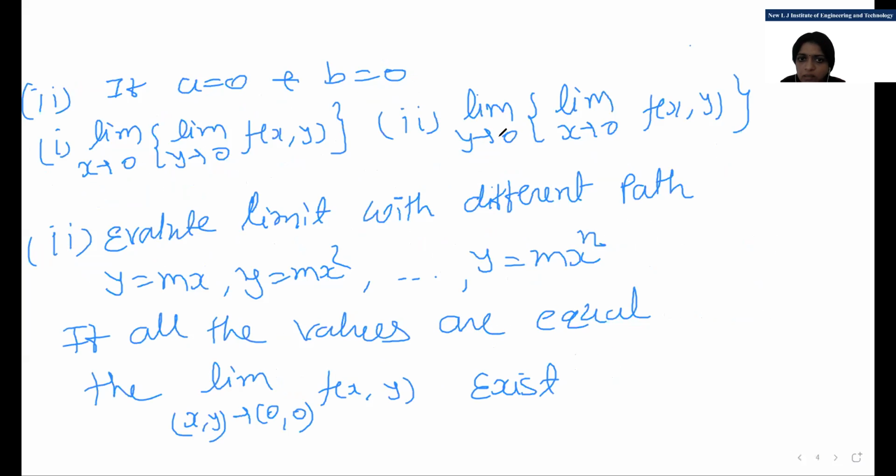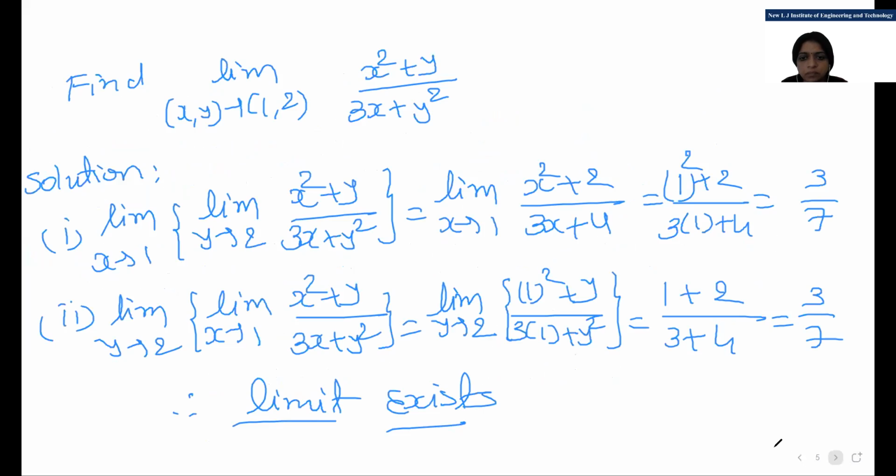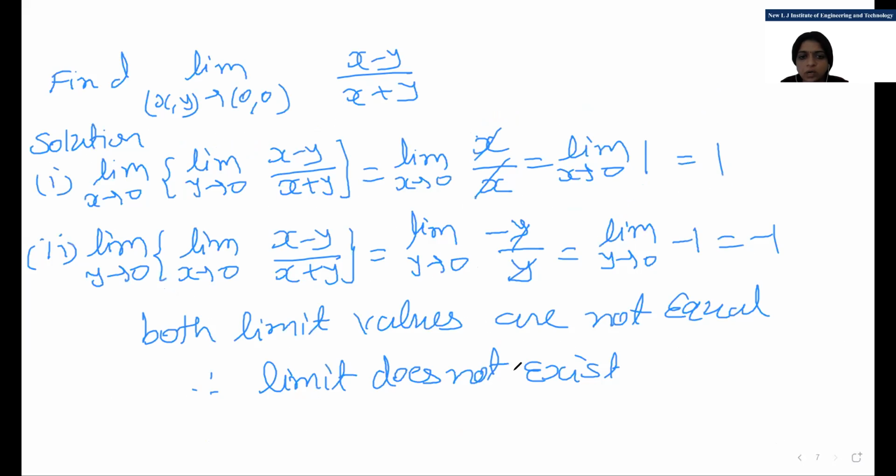If both limits are different, then limit does not exist. But if both limits are equal, then we have to go with a different path, and the path is mx square, like that. Okay, so do you have any doubt in this example?